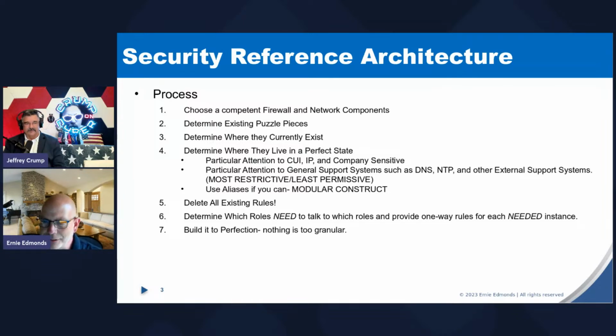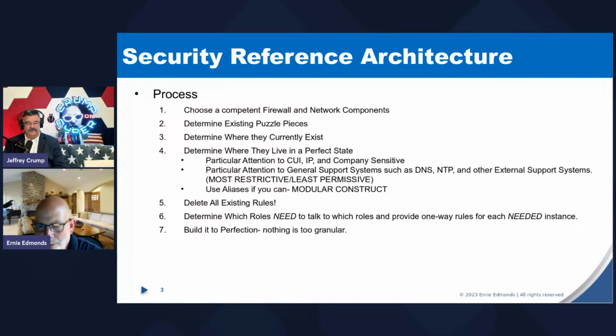Anything that's an external system, meaning it is not controlled by the organization that you belong to, then it's an external system. Sometimes I see, well, what if it's the reverse of that? What if we own the system, but we don't actually run the system? That would be where you're like a co-location provider or something like that. Everything goes down to most restrictive, least permissive.